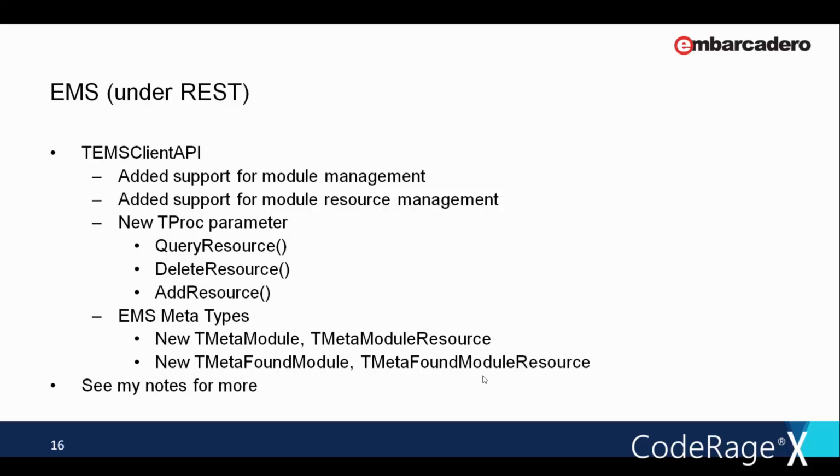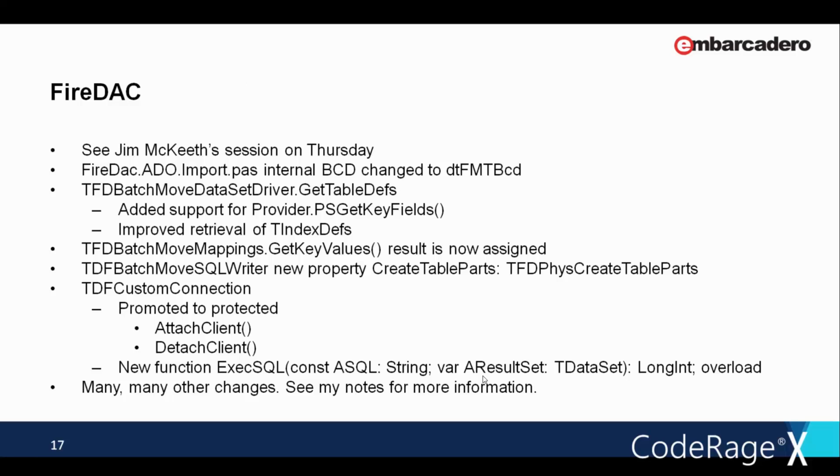A new TProc parameter has been added to QueryResource, DeleteResource, and AddResource to support customized handling of the conclusion of those calls. And new EMS meta types for MetaModule and MetaModuleResource and FoundModule and FoundResource. And there's more, so see my notes for more under what's changed in EMS.